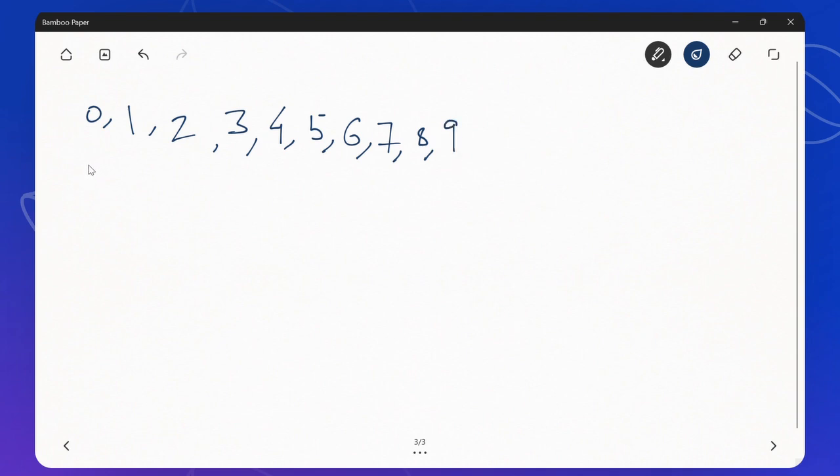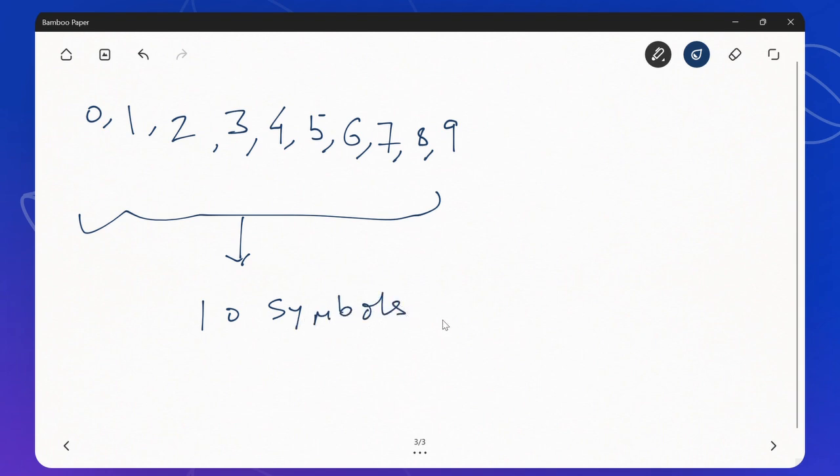Remember, starting with 0 till 9, these are a total of 10 symbols. These 10 symbols make the decimal number system. So any number which can be represented with these 10 symbols comes under the decimal number system.